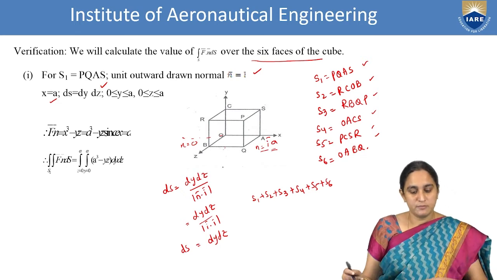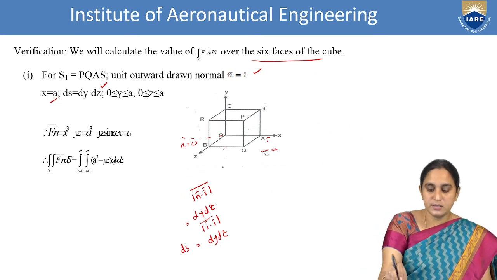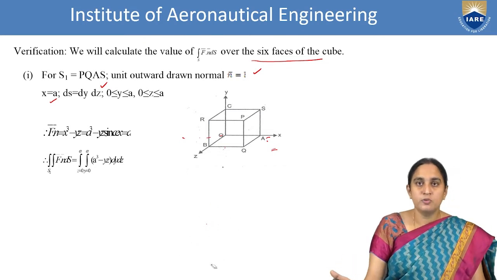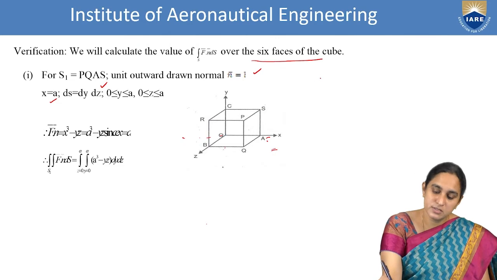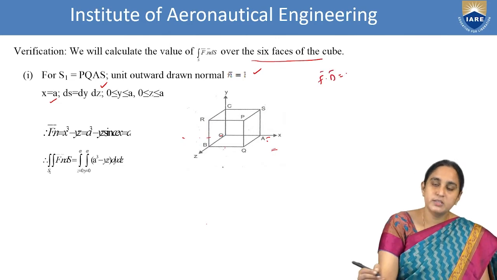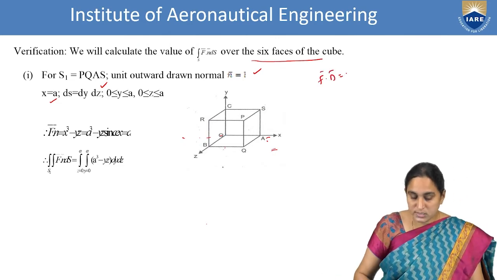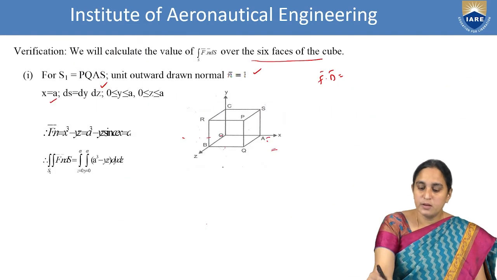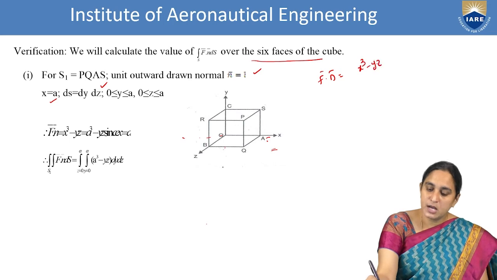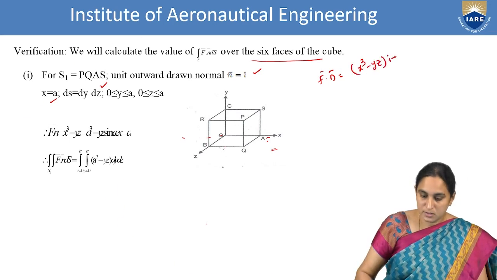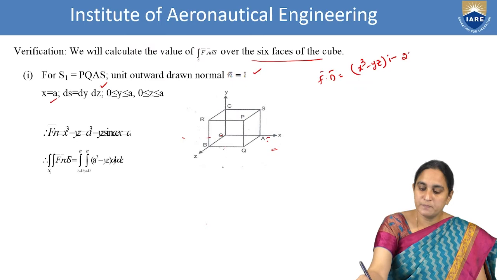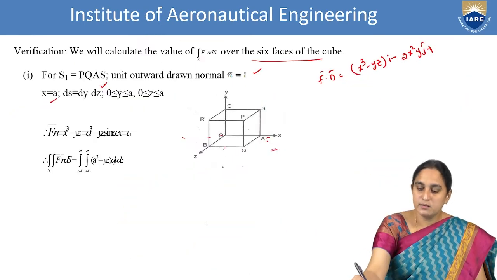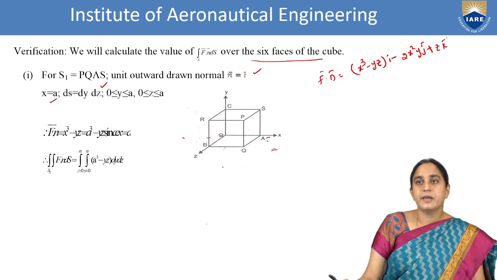Now I'll calculate the surface integral on the first face, that is S1 is equal to PQAS. First I'll take the dot product F bar dot n bar. What is F bar here? F bar is (x cube minus yz) i bar minus 2x square y j bar plus z k bar.